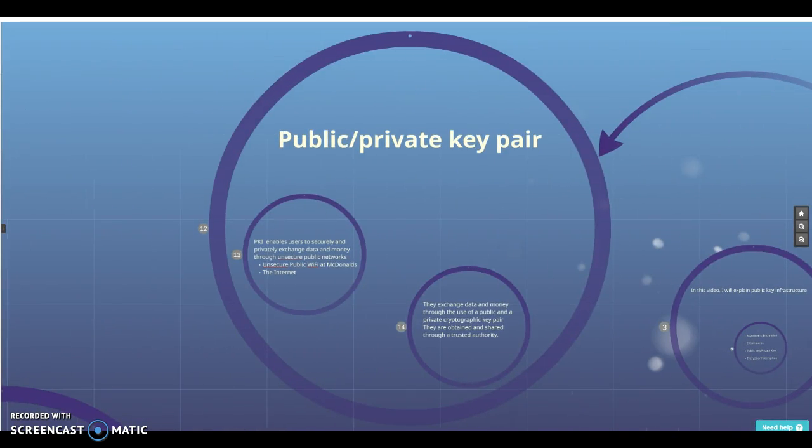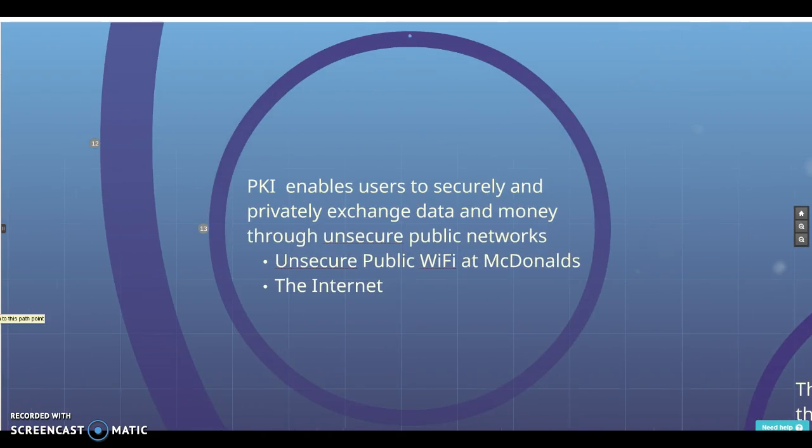So within a public key infrastructure environment, we have to stress the importance of the public and the private key pair. The public key infrastructure enables users to securely and privately exchange data and money through unsecure public networks.